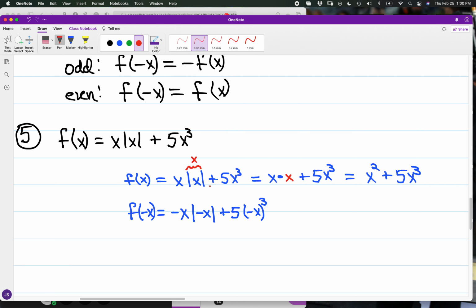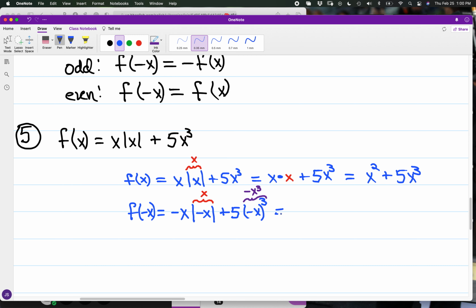Again, the absolute value of negative x is going to go to x, and the cube of negative x will go to negative x cubed.